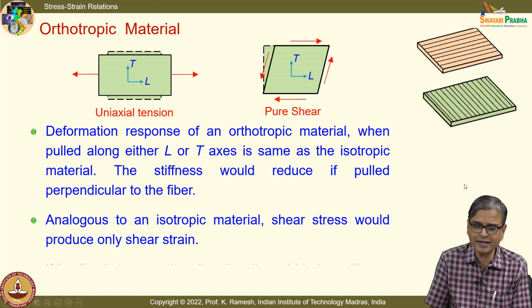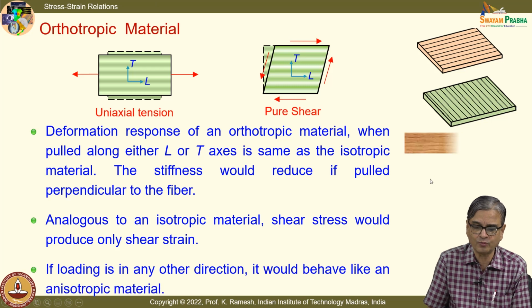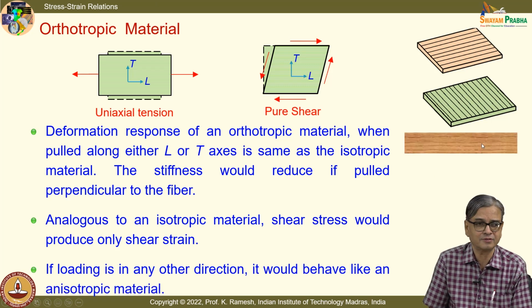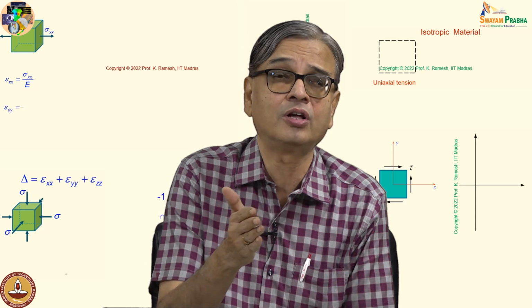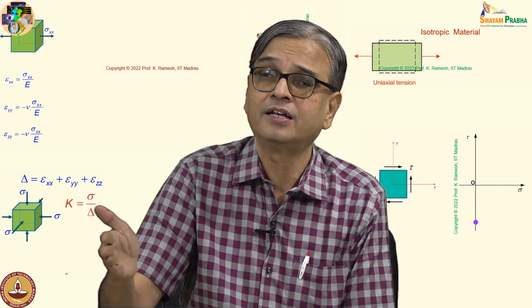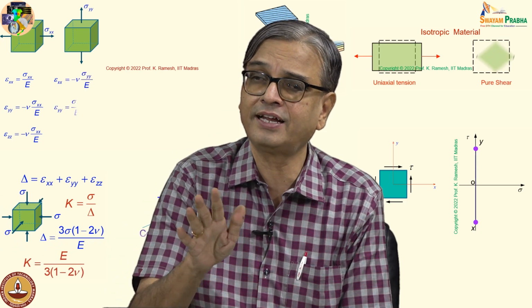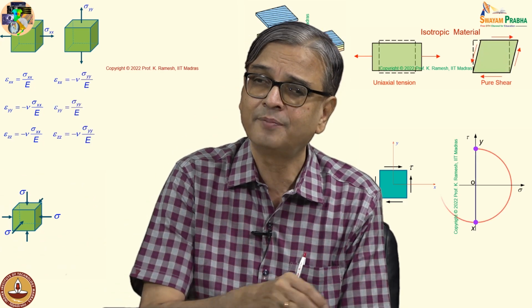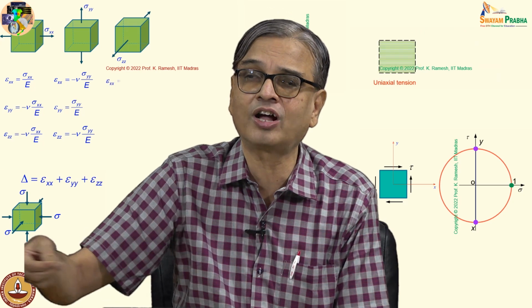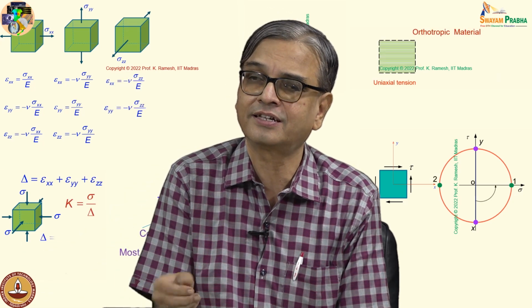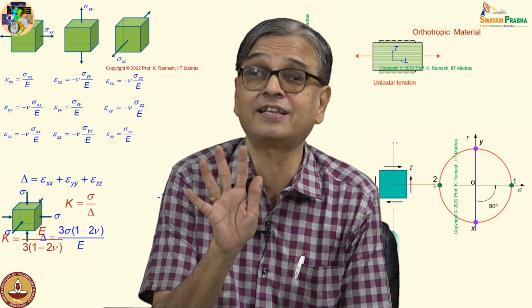And you also have the natural material, wood. Wood is an orthotropic material. And your carpenter will know, if he has to develop a shelf, he will know how to put the shelf for it to withstand. He has not studied solid mechanics, but he will put the fiber along the longitudinal direction. He knows that from experience.